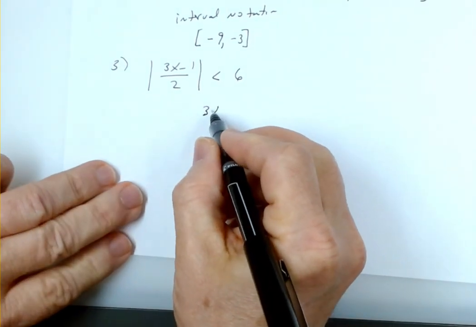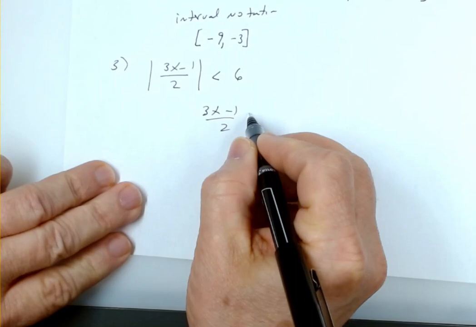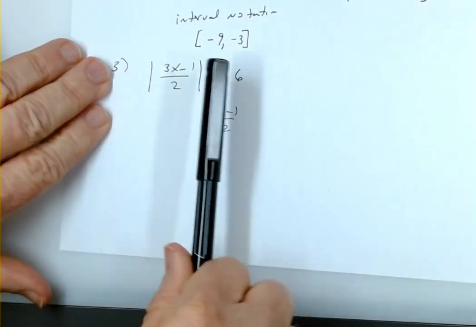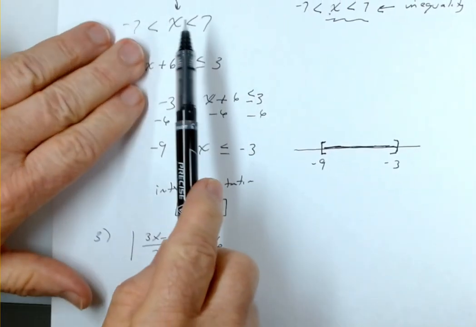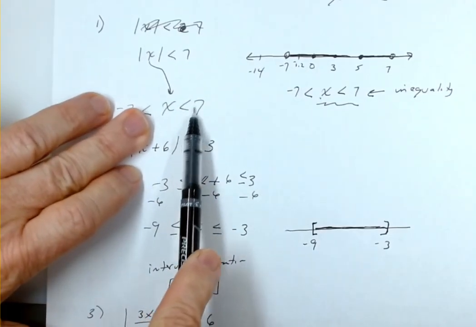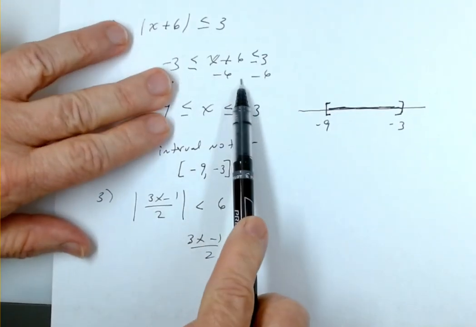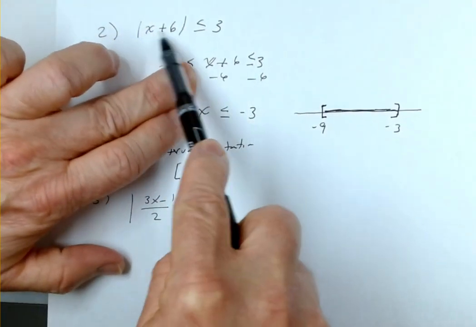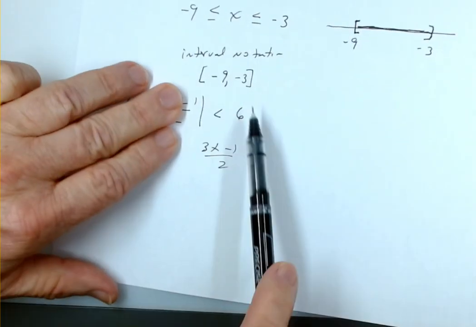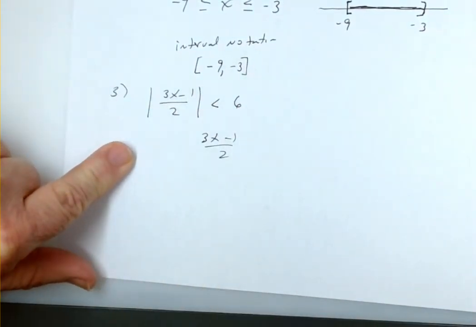No. So look at the right hand side. The right hand side is this without the absolute value bars, right? So the right hand side is going to be what? This without the absolute value bars.